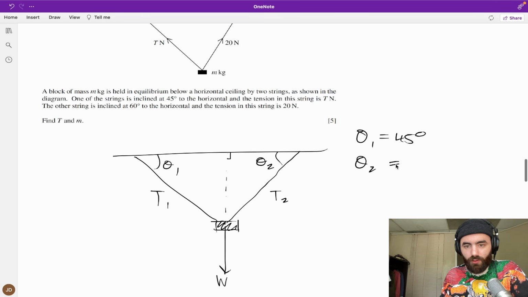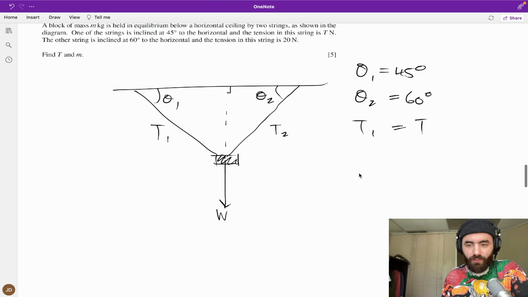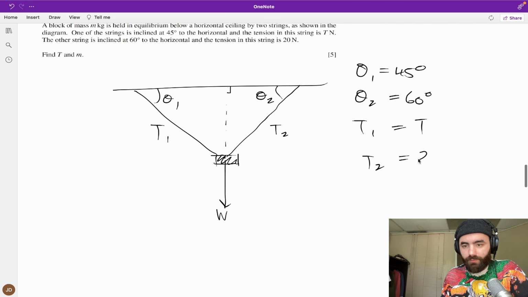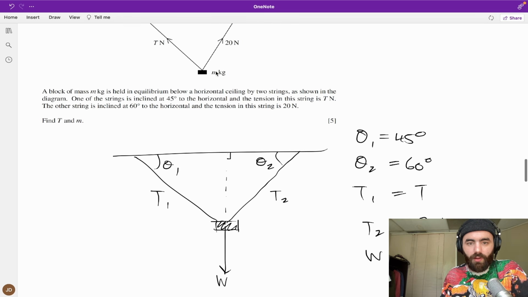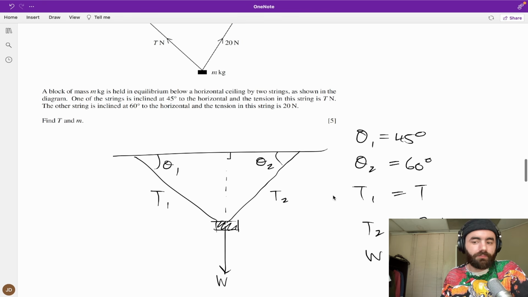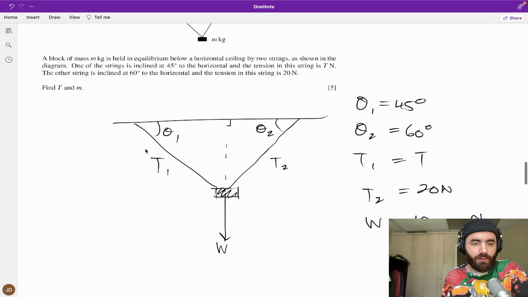Theta 2 was 60 degrees. T1 is T. T2 is 20. W is going to be M times 10. So find T and M.